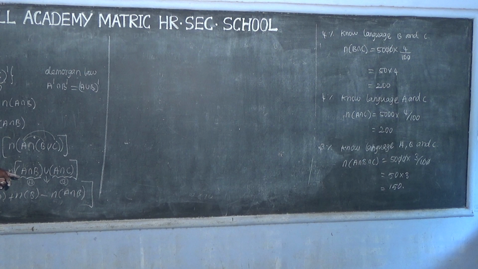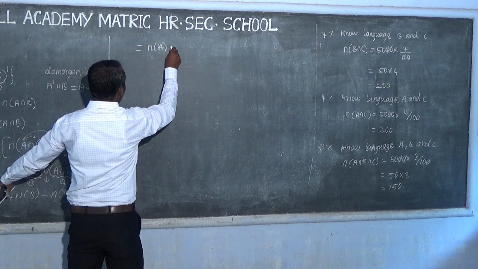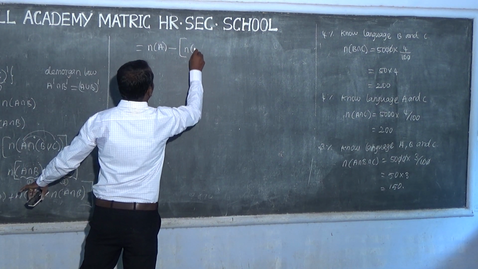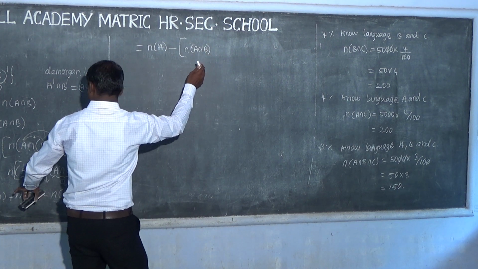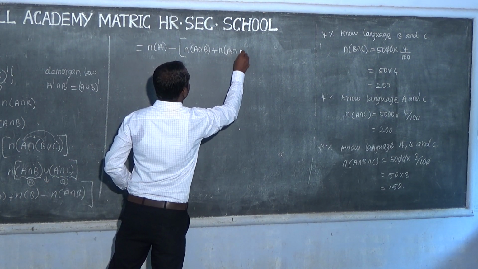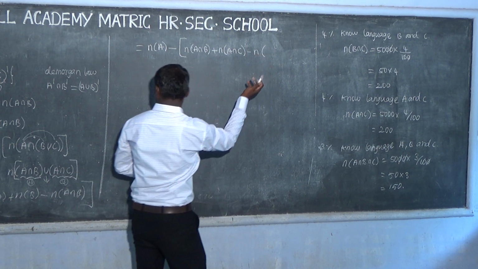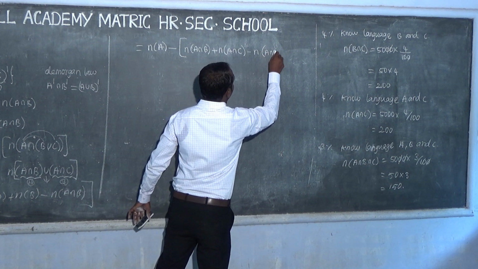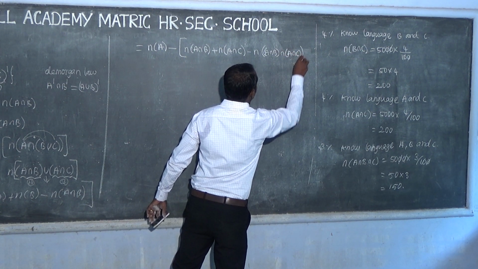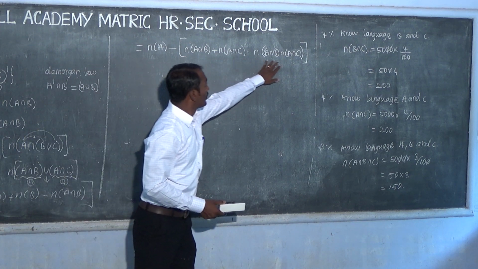See, I am going to write the formula in here. I get the value of n of A minus n of A intersection B plus n of A intersection C minus n of A intersection B intersection A intersection C. Okay, I can write the formula to this value.